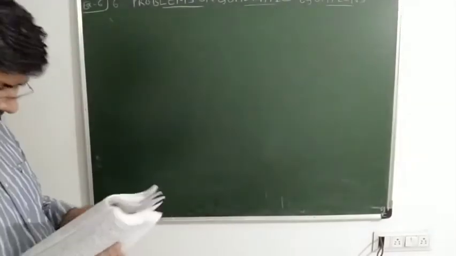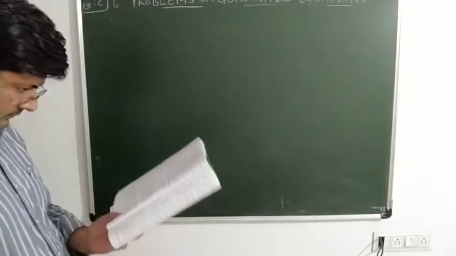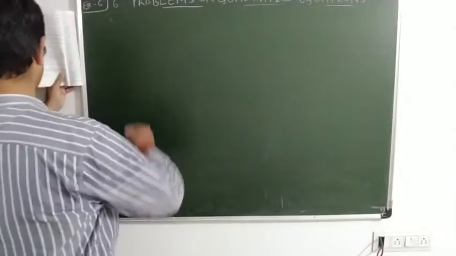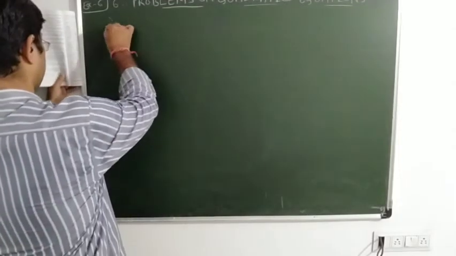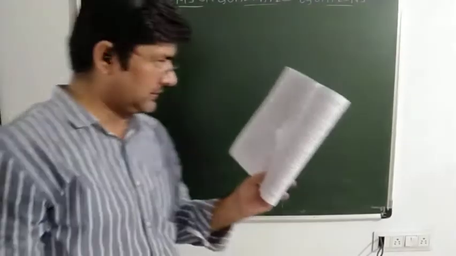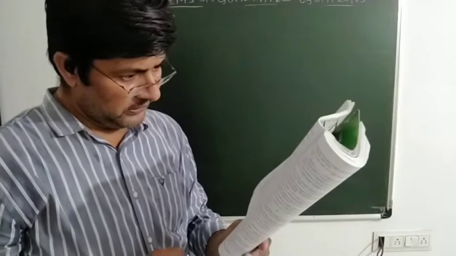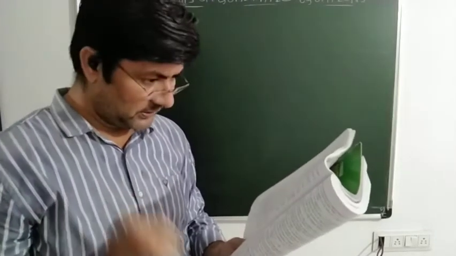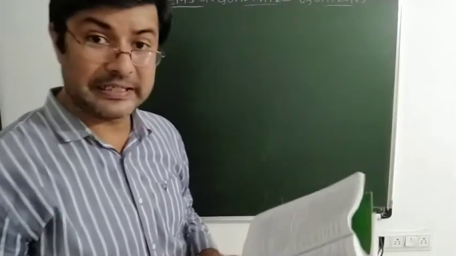Now let us solve the next question. Question number 13 we have completed. Question number 14. It is given that Ashish goes to his friend's house, which is 12 km away from his house. He covers half of the distance at a speed of x kilometer per hour. Now this is a question on the basis of speed and time.